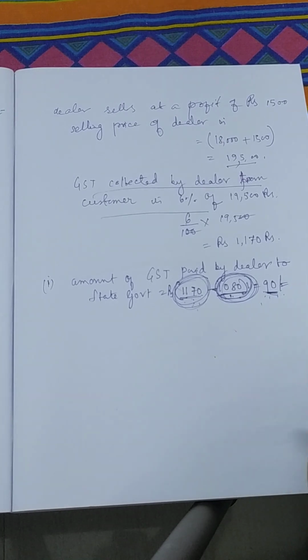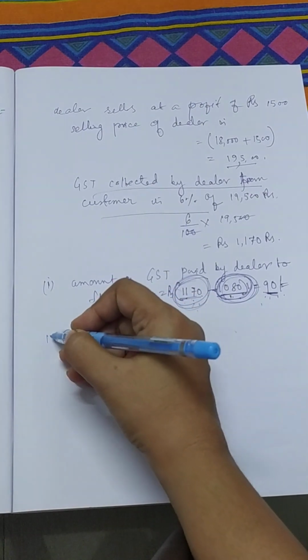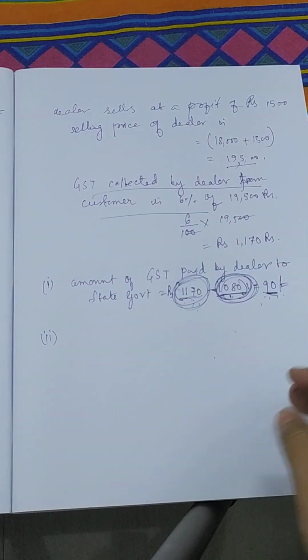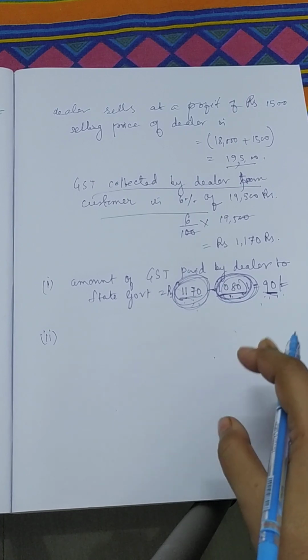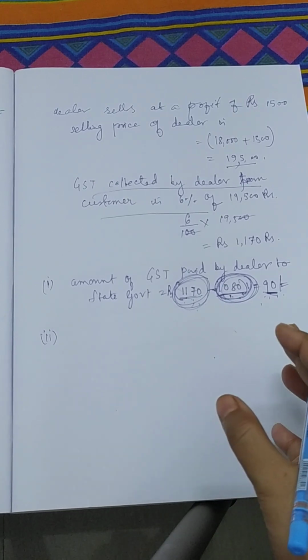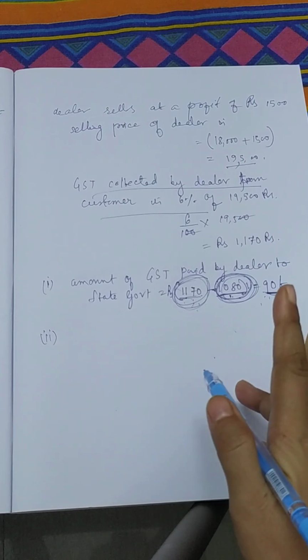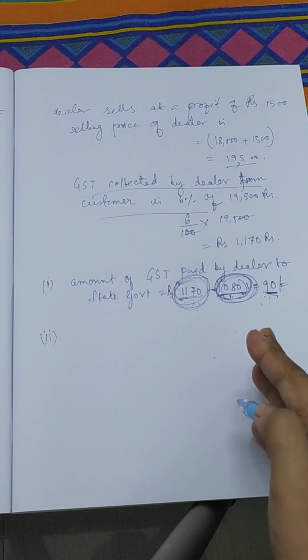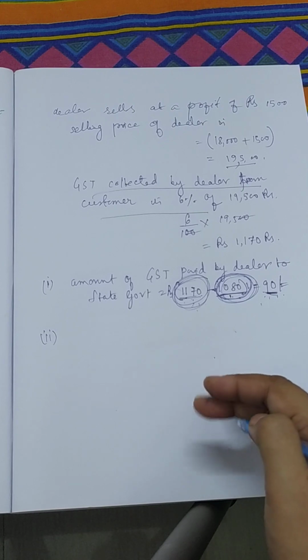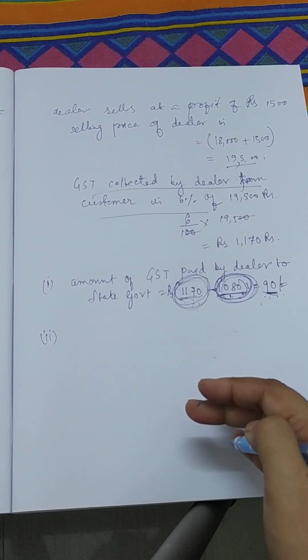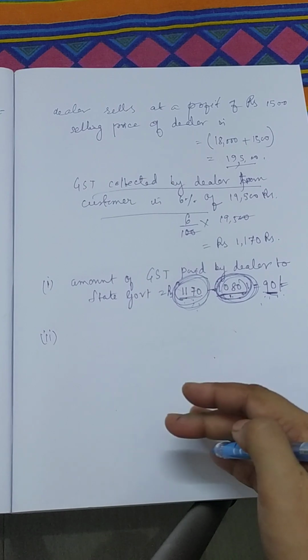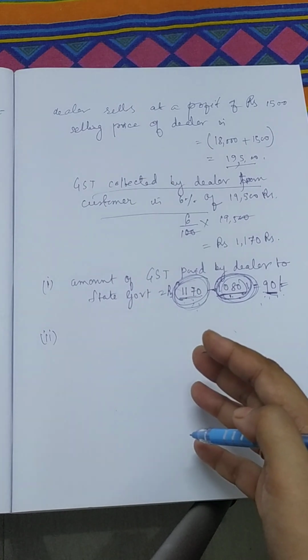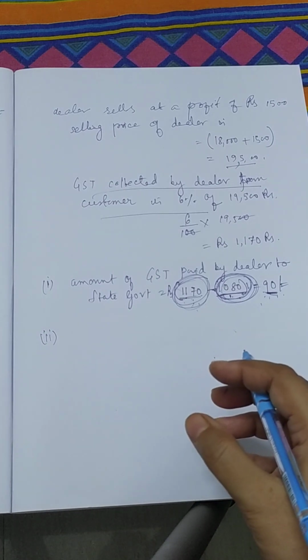Now the second question was, you have to find out the amount of GST that is received by the central government. Now think about the central government. Central government will take GST from two parts. One from the manufacturer, which is already paid by the dealer, and the part from us, which we pay included with the price of that product that we buy.